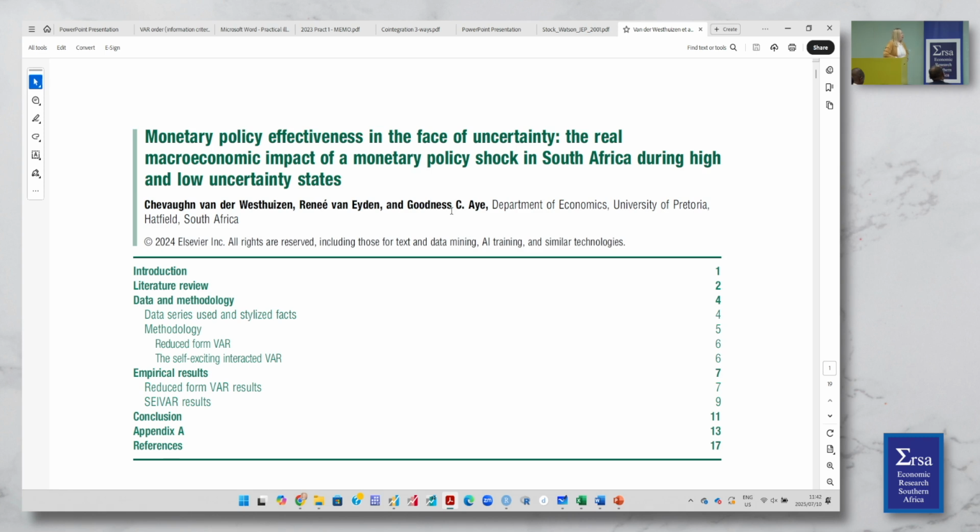The idea that we investigated here was, first as a reference point, to analyze monetary policy with a number of variables using South African data dating back to the start of the inflation targeting period.